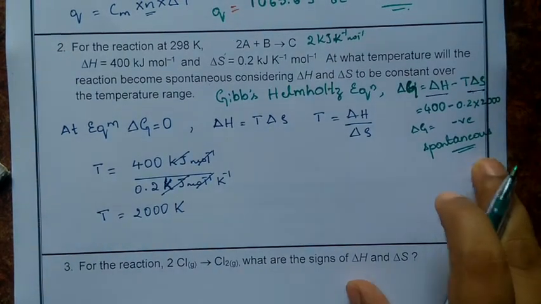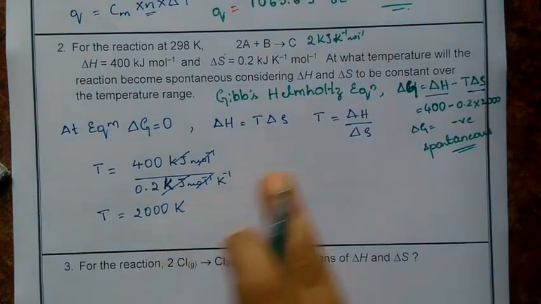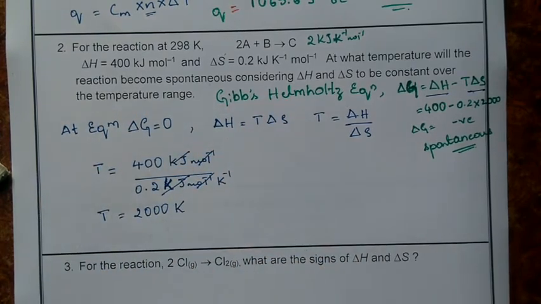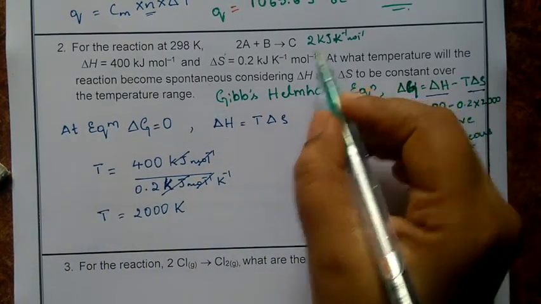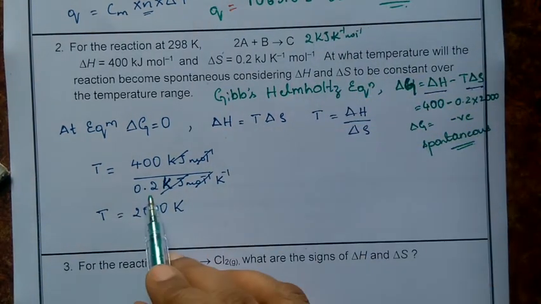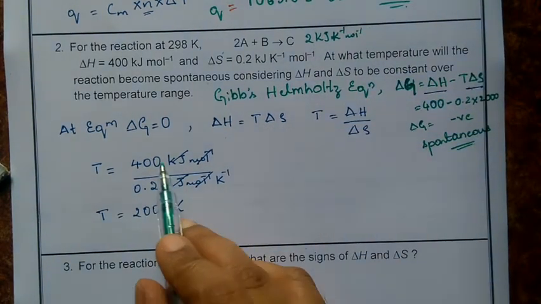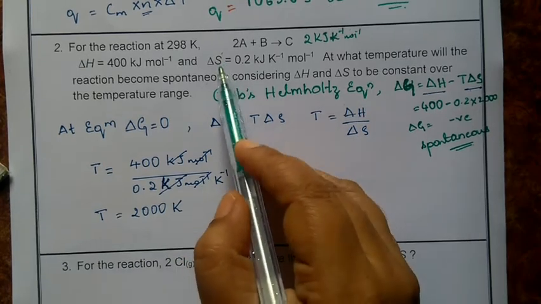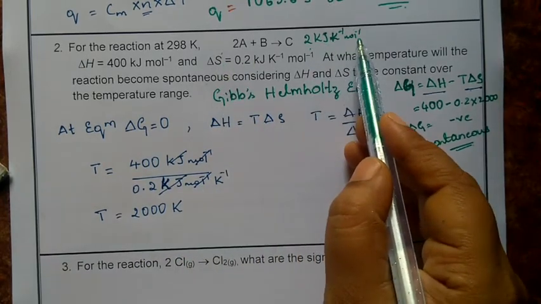So here no problem. At the temperature of 2000 Kelvin, the reaction becomes spontaneous. But we have one more question where delta S is 2. Clear? This is another question I'm explaining, where delta S value is 2 kilojoule per Kelvin per mole.